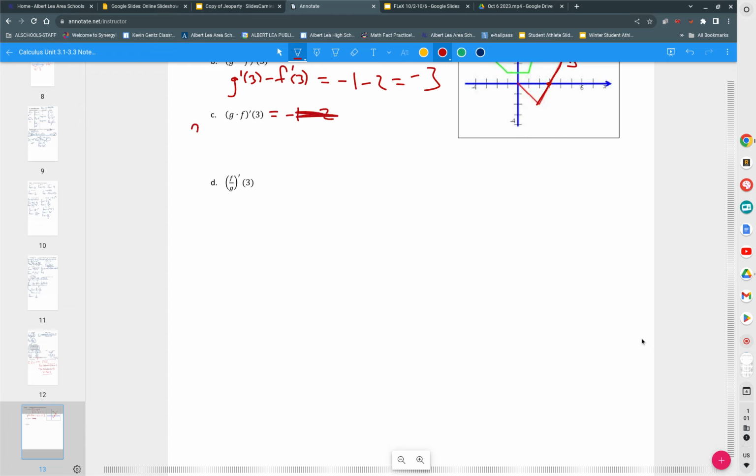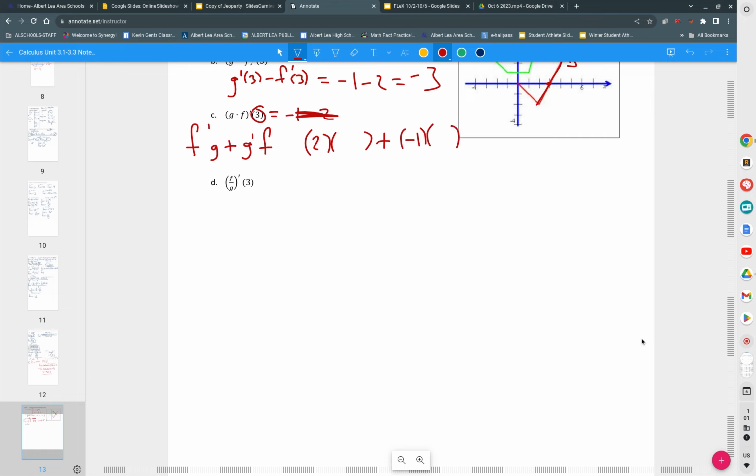Instead, let's do f prime times g plus g prime times f. And notice it still occurs at 3, which is rather nice. So we have, what is f prime? We said 2 times whatever g is, plus g prime is -1 times whatever f is.